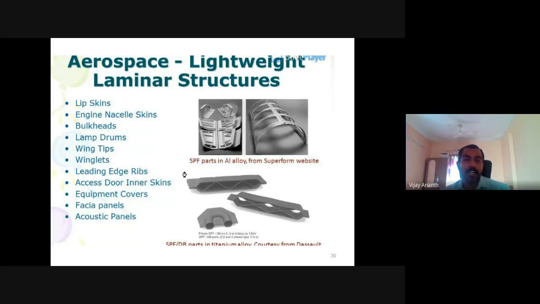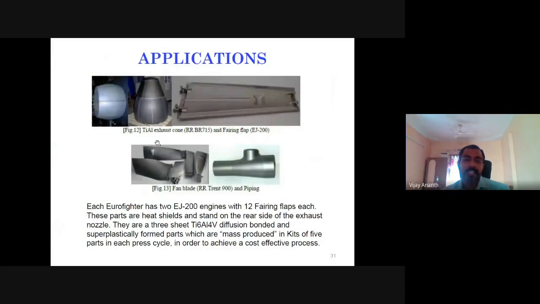Right, this is the aerospace industry, and again, this is the exhaust cone, which is made with superplastic forming, and the fairing flaps. We have seen these on the wings of the plane, where the flaps will be. These flaps are made in a batch process.